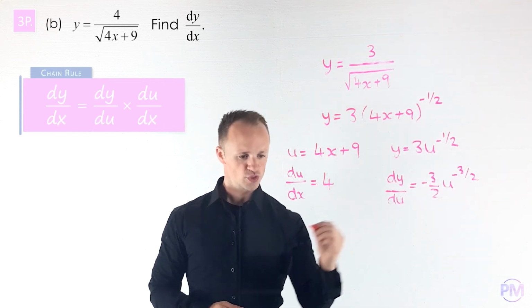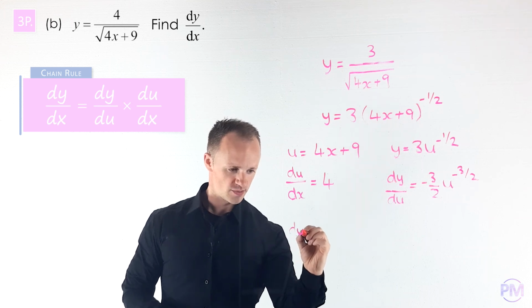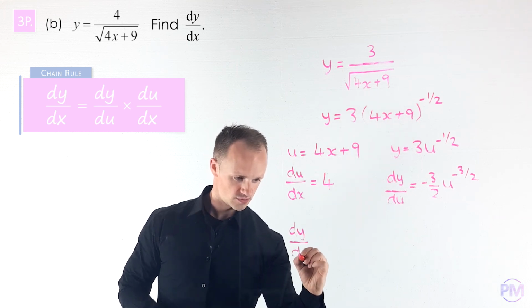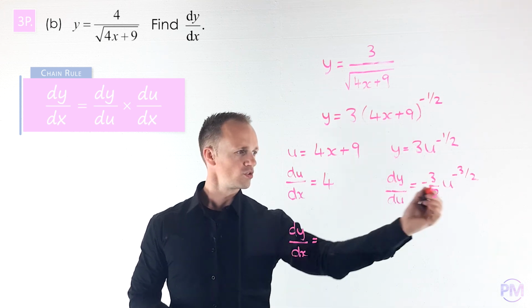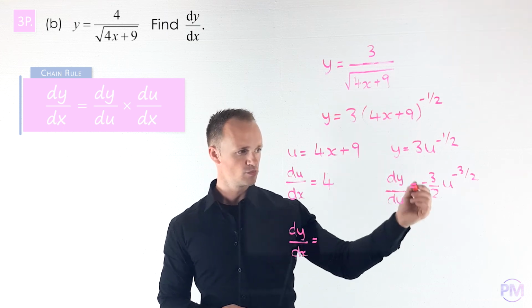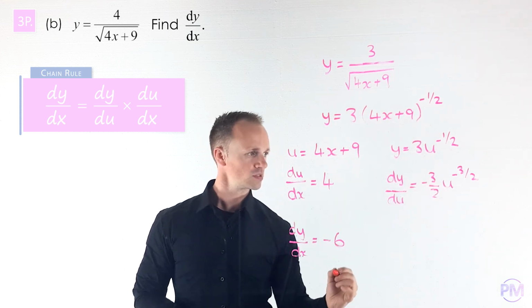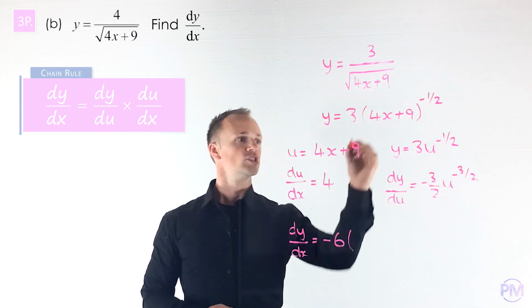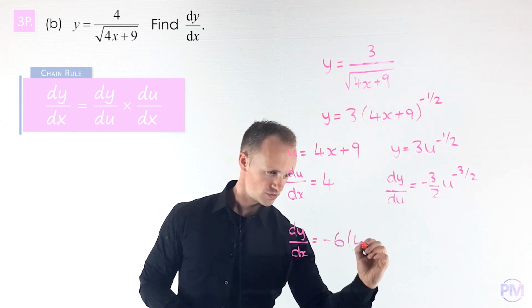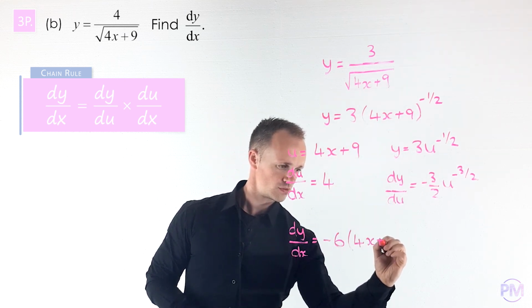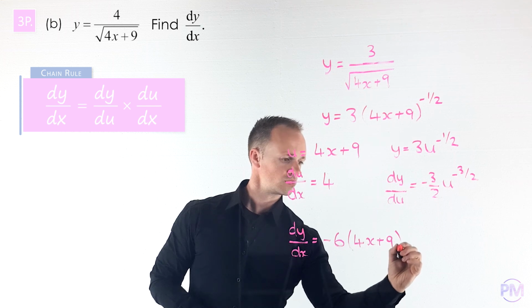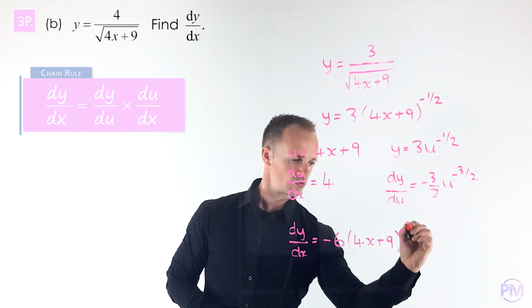Finally, we just have to multiply these two things together to get dy by dx equals 4 times minus 3 is minus 12, divided by 2 gives us minus 6. And then we've got u, which is 4x plus 9, to the power of minus 3 over 2.